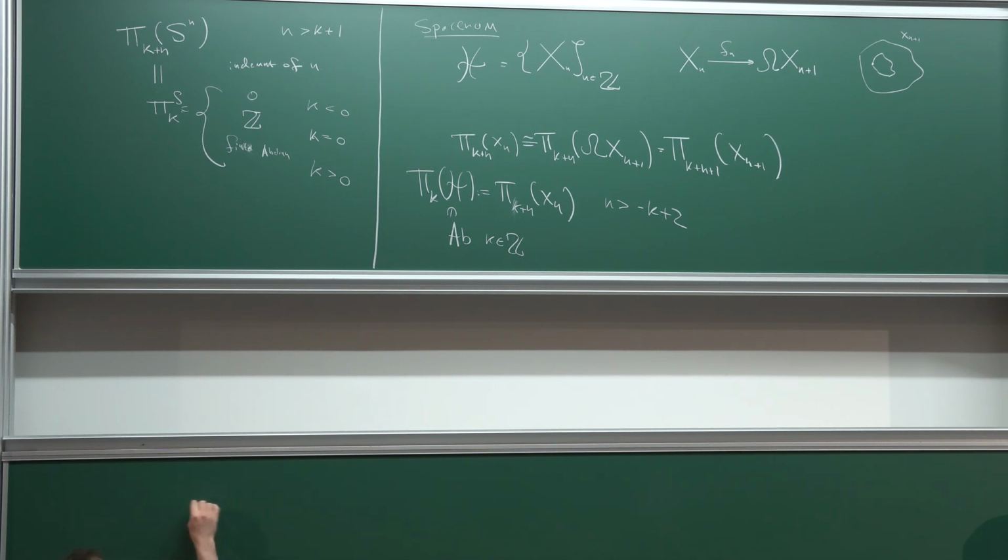So spectra are to spaces, and by spaces, maybe I should say, we're honoring Dustin here, so maybe I should say anima. I mean spaces up to homotopy. Not topological spaces in the classic sense, but only the homotopy information of them, are the same as abelian groups are to sets.